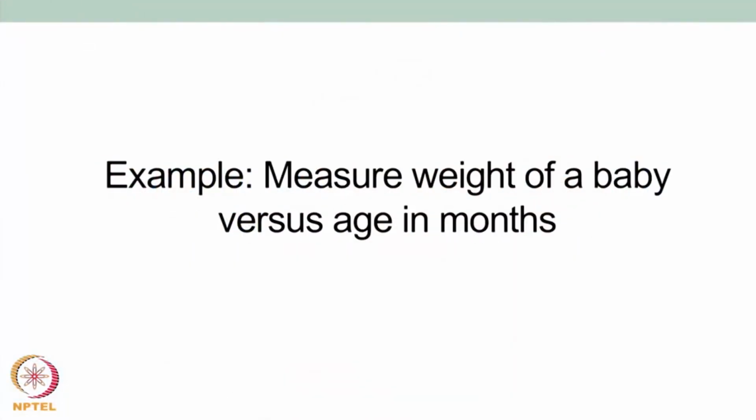Another example is measuring the weight of a baby versus months. Let us say you have a newborn baby, and what is the weight in months? As every month passes, the baby will grow, and its weight will increase. So we can have a graph, and we can have a table in this case.